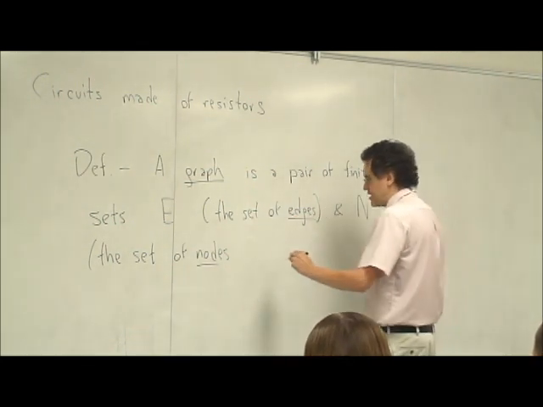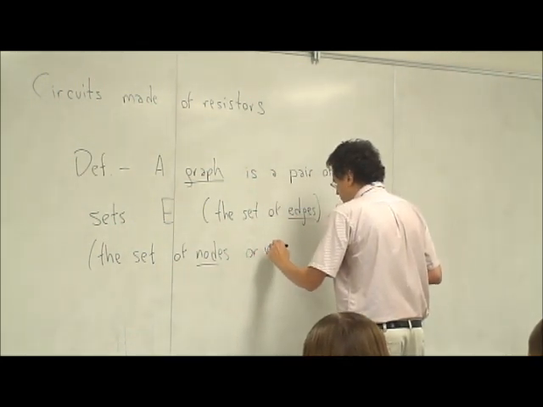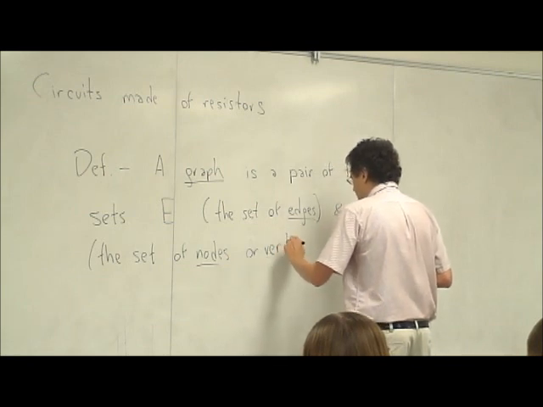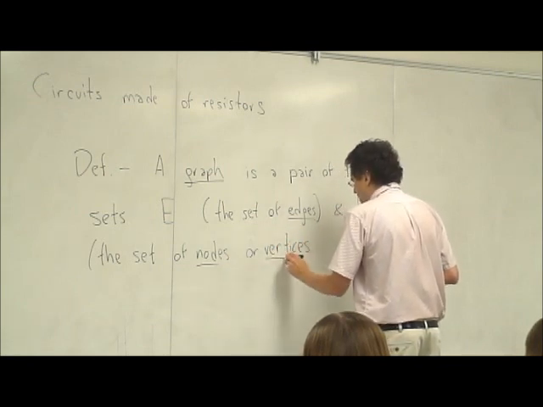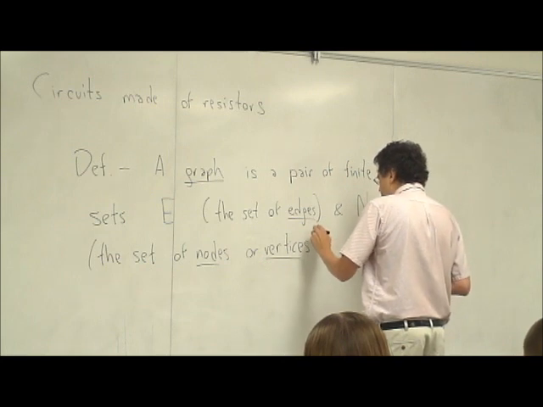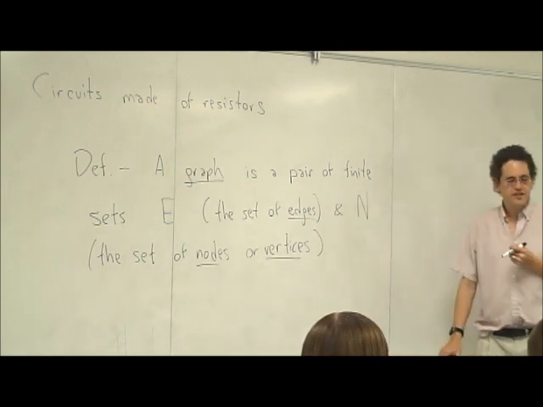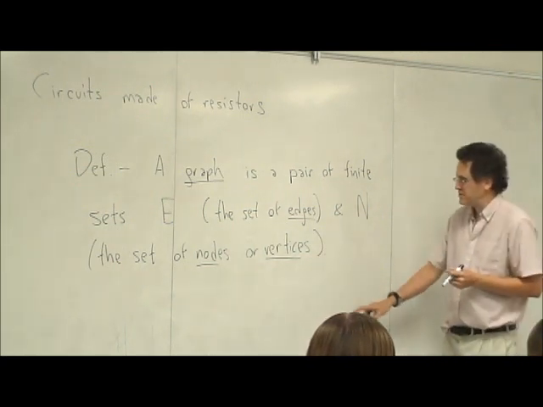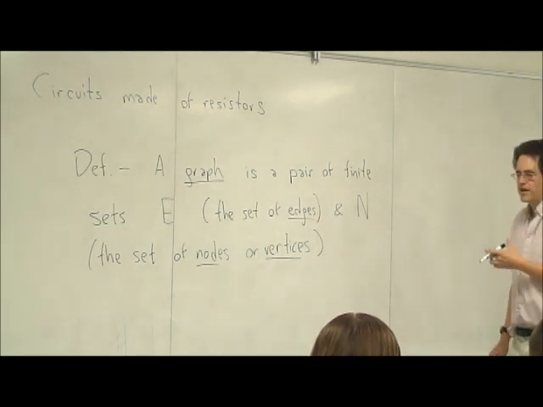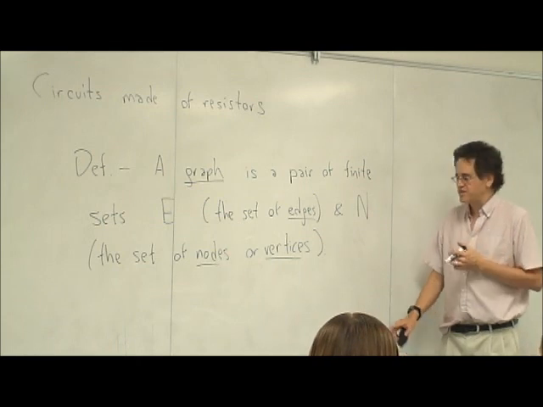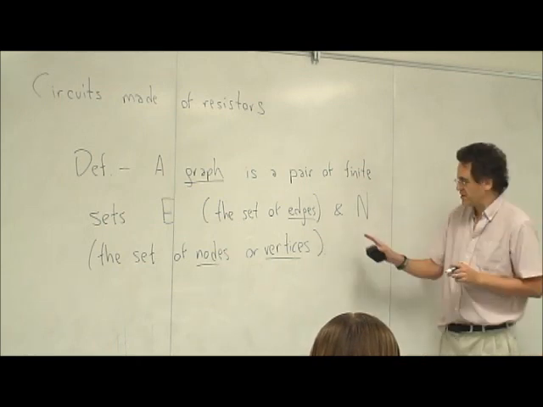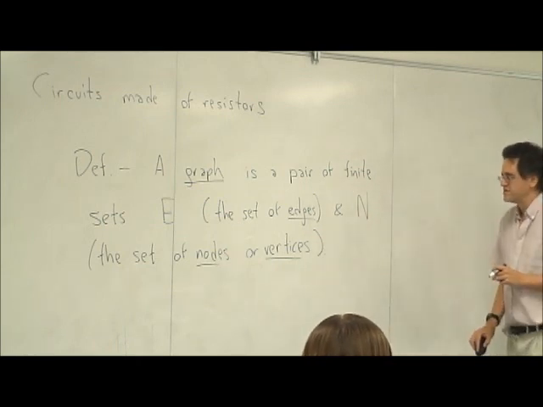I often like to say vertices or vertexes instead of nodes. However, the capital letter V means voltage in electrical engineering, so I can't use that term. So I'll use N. But I may slip. The reason I'm mentioning all this is I may slip and say vertices or something, but I mean the same thing as nodes.